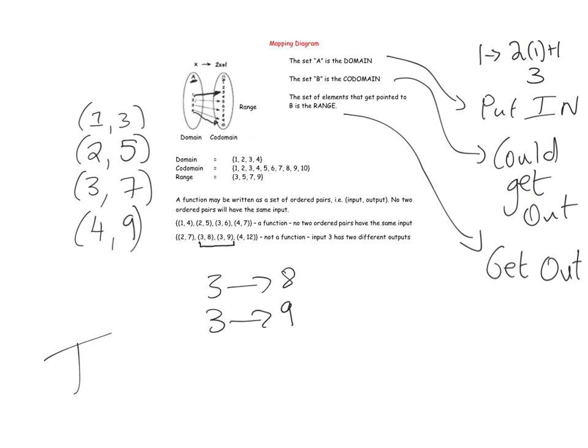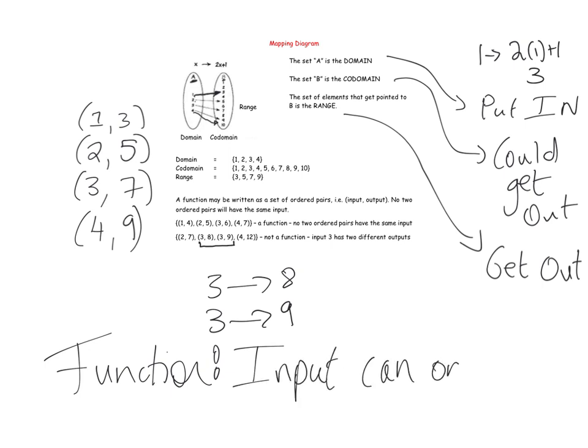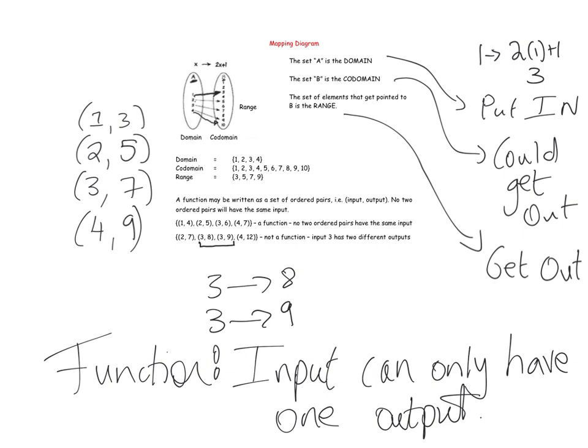The definition of a function, one more time, is a rule in which an input can only have one output. So 3 here has 2 outputs, so this can't be a function.